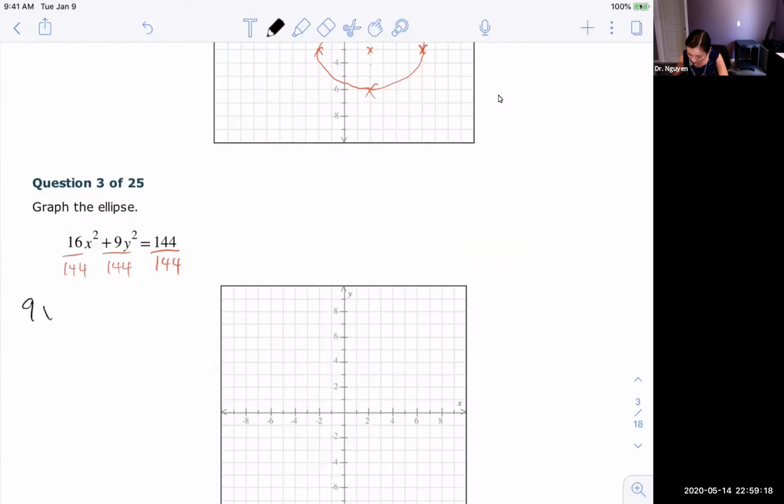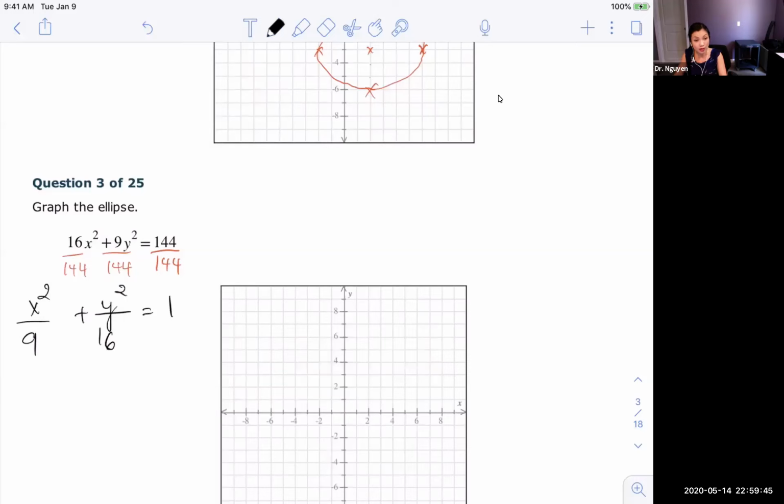Nine x squared, like that. I reduce it. So it's going to be x squared over 9 plus y squared over 16. Now we got it, right?